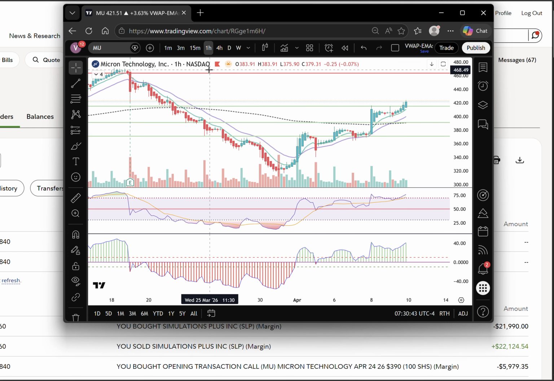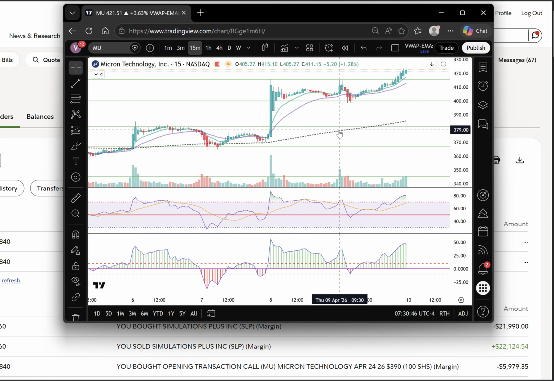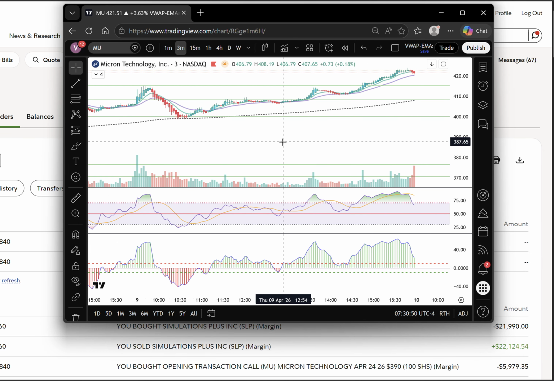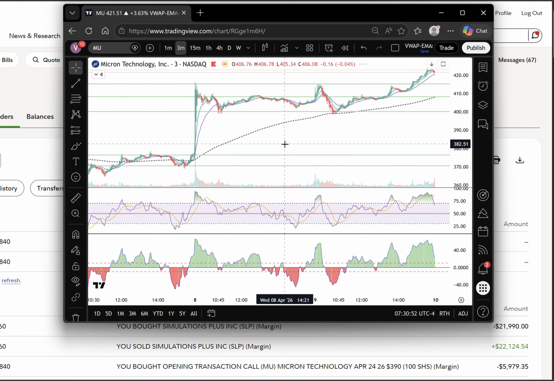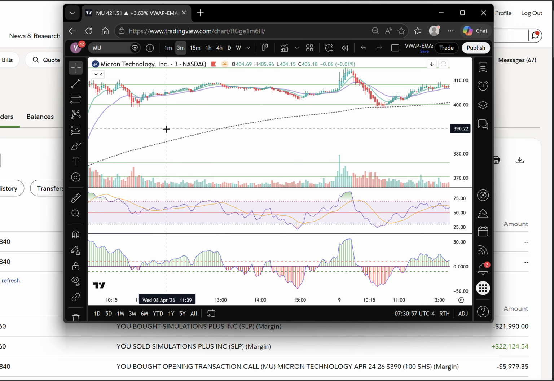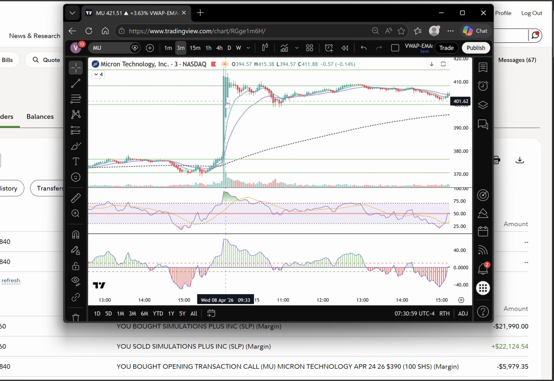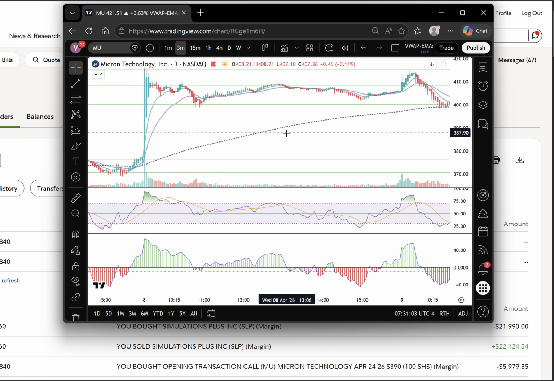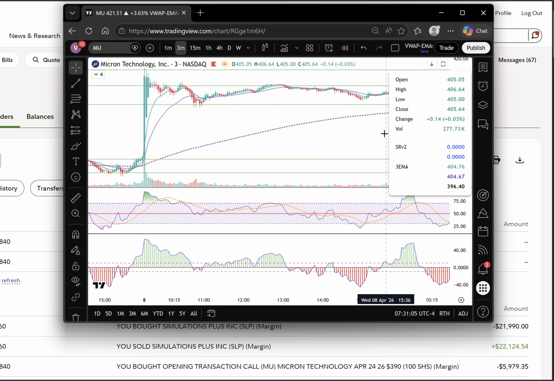So what I want to do, generally, is look at 15 minutes chart and then go to 3 minutes chart. And this is where I look for a breakout with a long green candle. But I don't jump in right away. I just wait for things to get settled.